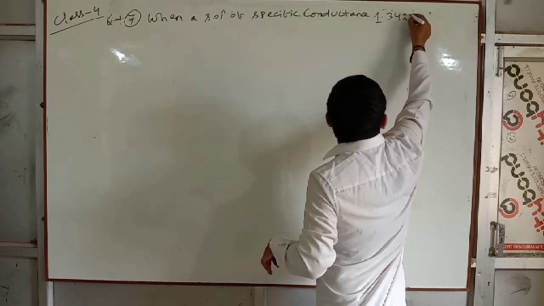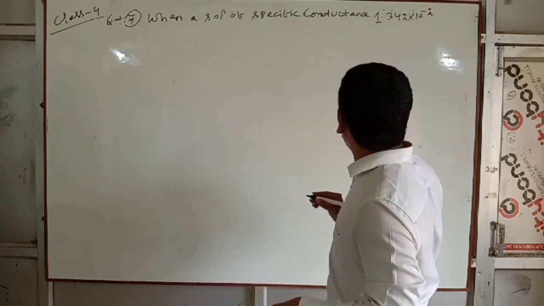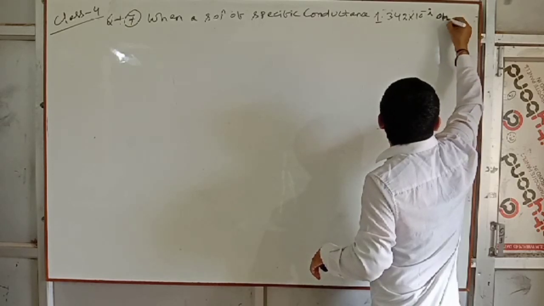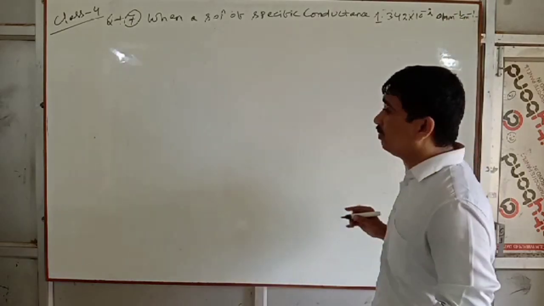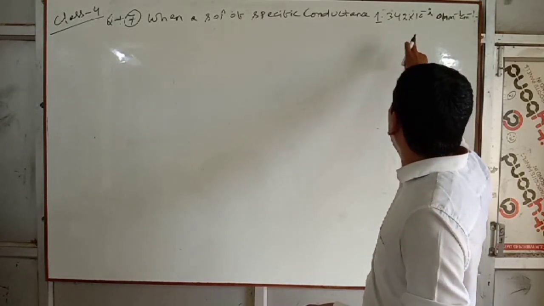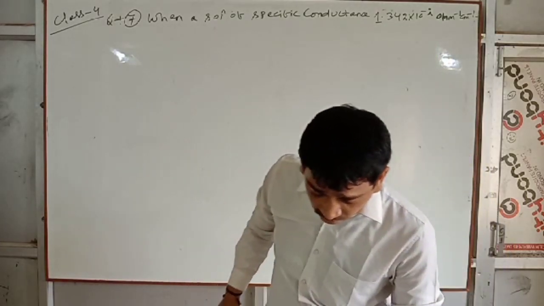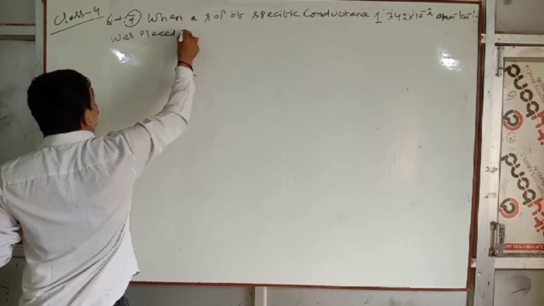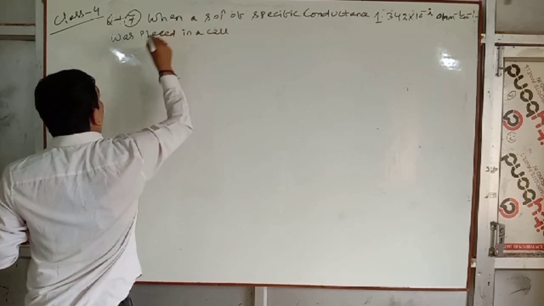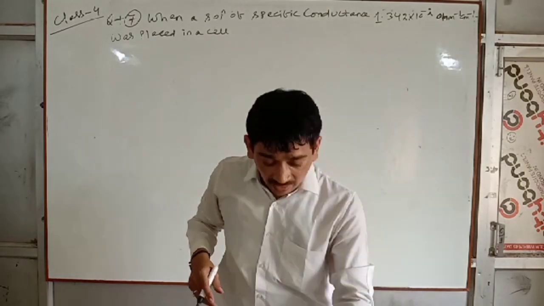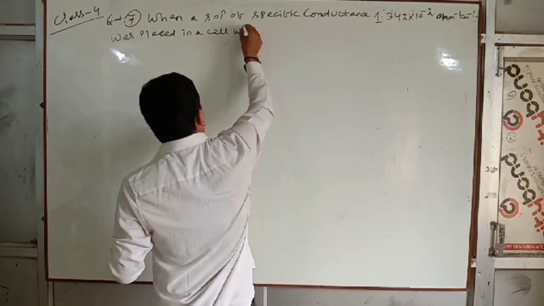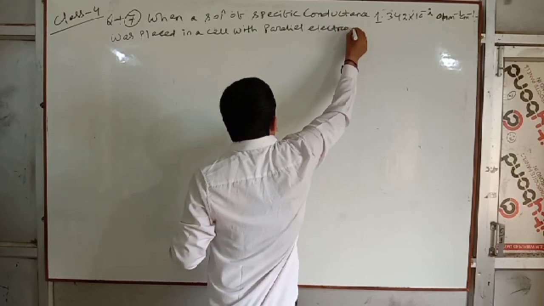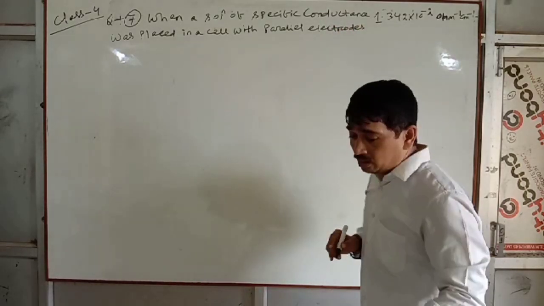1.342 into 10 to the power minus 2 ohm inverse centimeter inverse was placed in a cell with parallel electrodes.